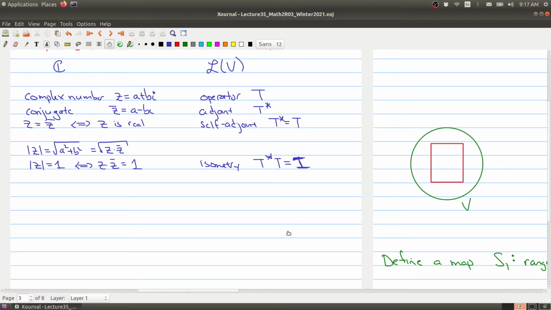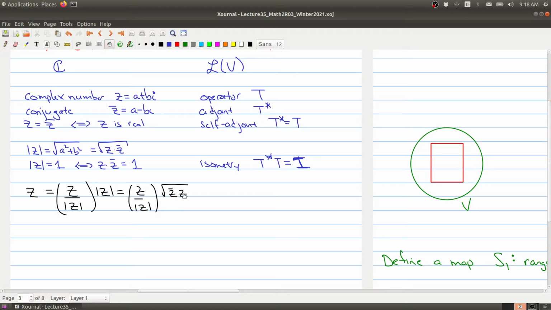And on this side, we can decompose our complex number in the following way. We can take the complex number, rescale it by its length, and then multiply it by its length. This is one way of breaking up our complex number, and I'll draw a picture in a second. This is a different way of writing everything.